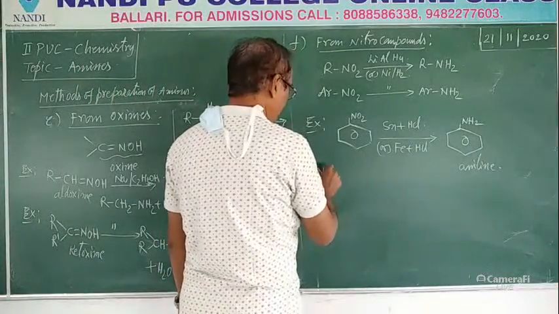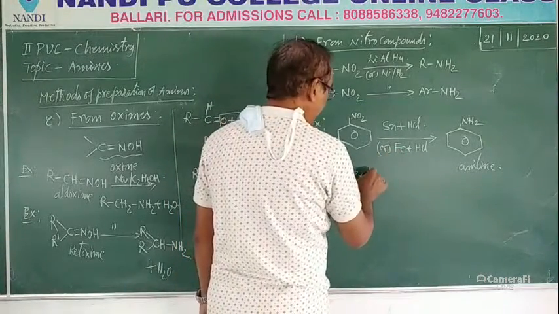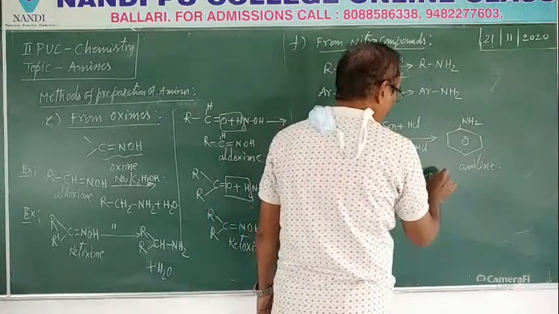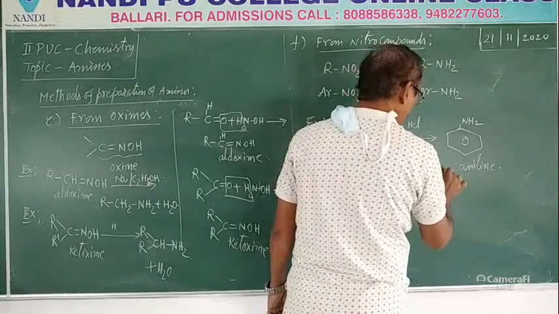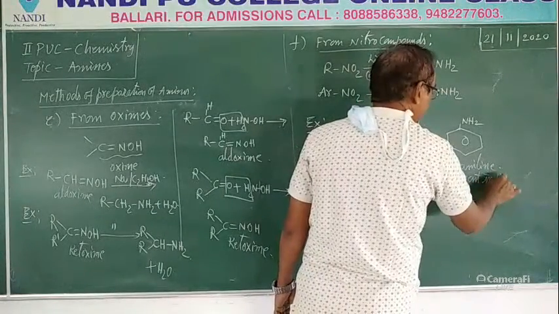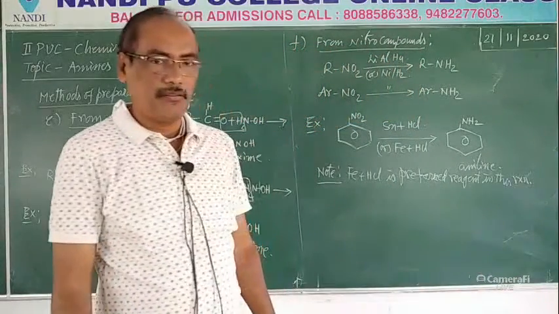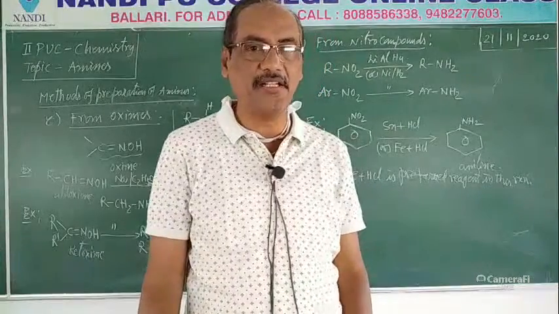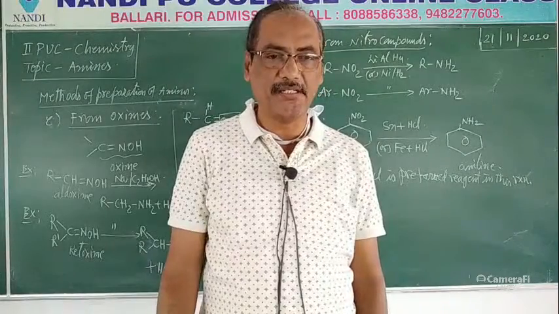To remember, Fe plus HCl is the preferred reagent in this reaction. Why do we use Fe/HCl? Because Sn/HCl or Fe/HCl both can liberate hydrogen, which acts as a reducing agent.